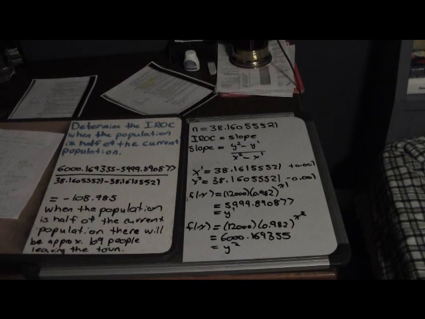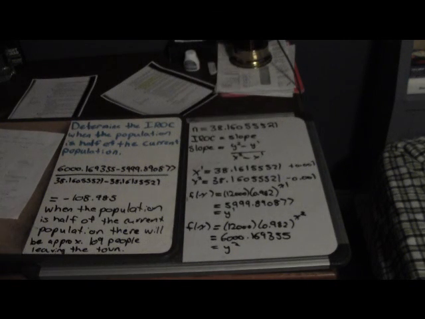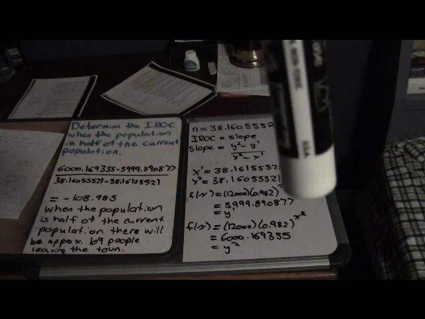And then you have to do the same equation again, which is our base equation from question A, except with our x2 value. So in this case, our x2 value is 38.160555521. So down this bottom step here is f of x is equal to 12,000 times 0.982. Once again, the number was too big, so I simply just plugged in x2.